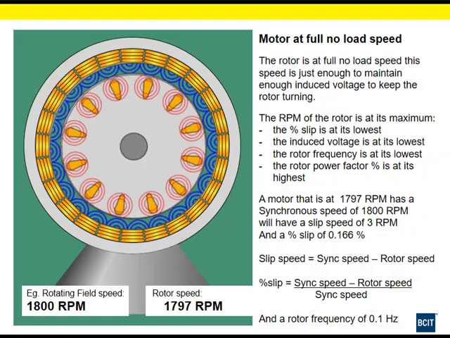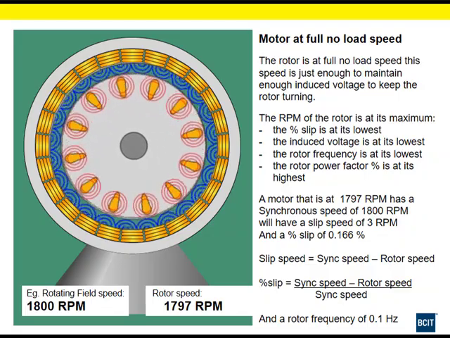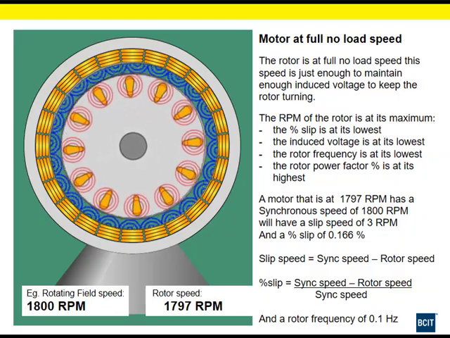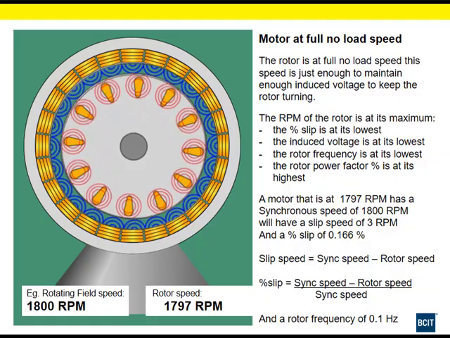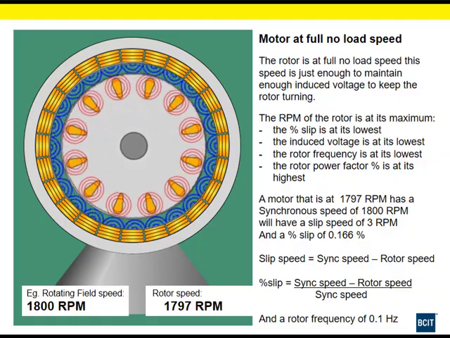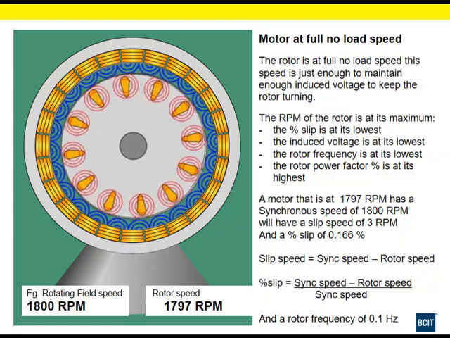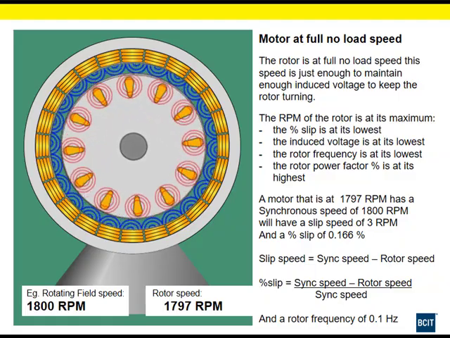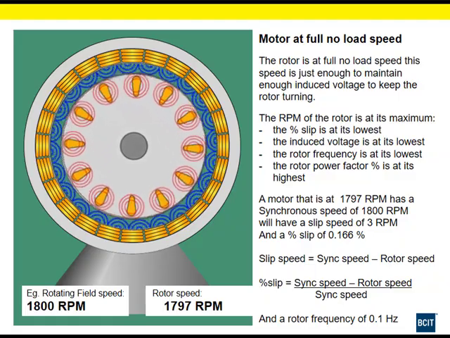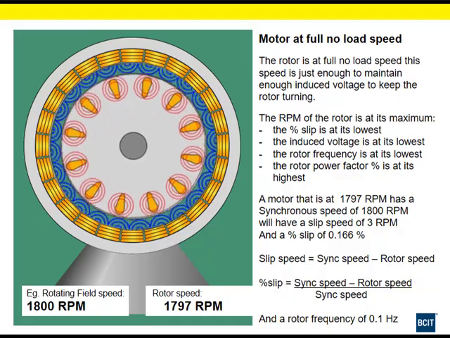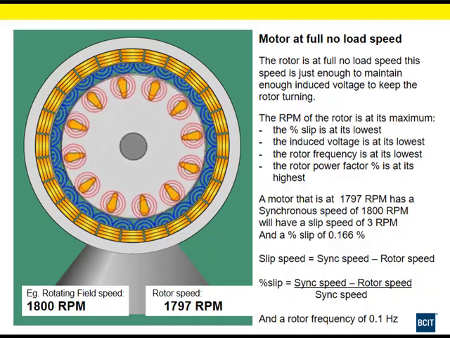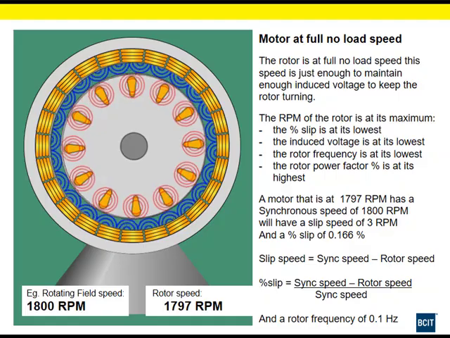The only resistance at this point will be windage and some mechanical resistances in the bearings. Sometimes for an 1800 RPM motor, you could see this getting up to 1798.5 RPM, almost right at synchronous speed.